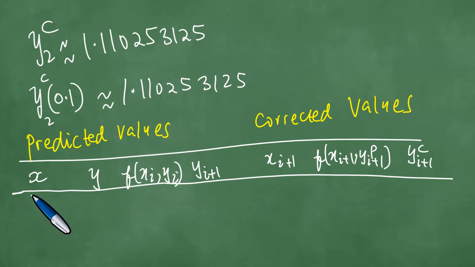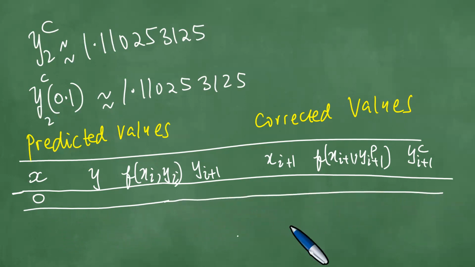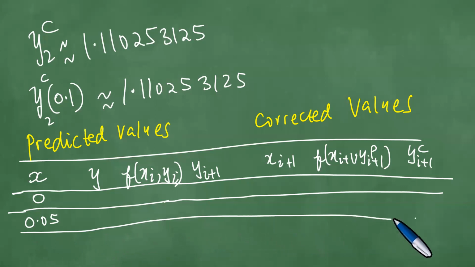What is x0? It is 0. And x1 is this: x0, x1, then x2. x2 is 0.1.